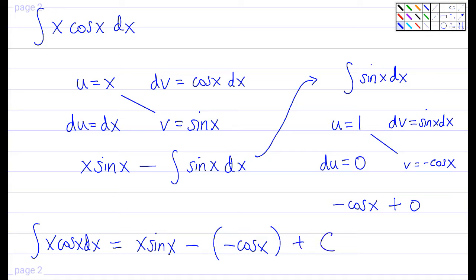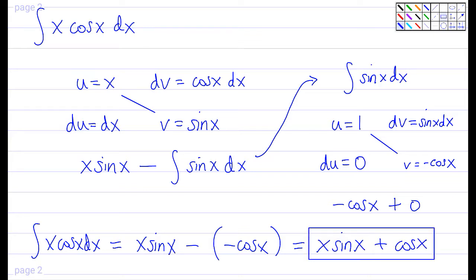I'm not going to bother with the plus c for this video, so don't worry. I imagine you'll know that it's still there. I just want to focus on the integral itself, which in this case is x sine x plus cosine of x. Okay, that was our answer using traditional integration by parts.